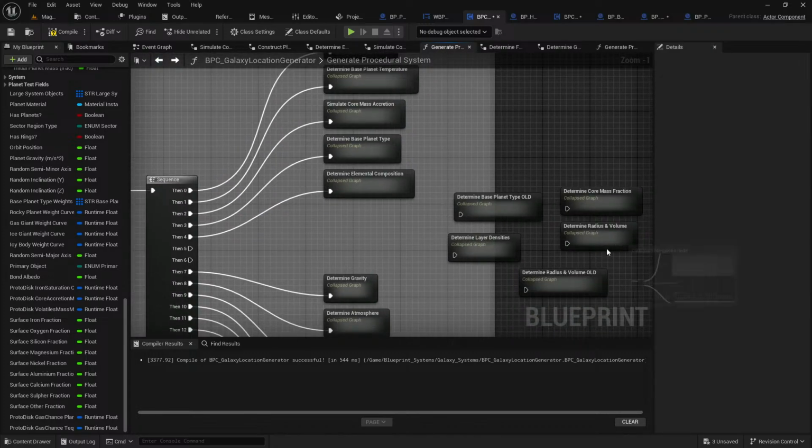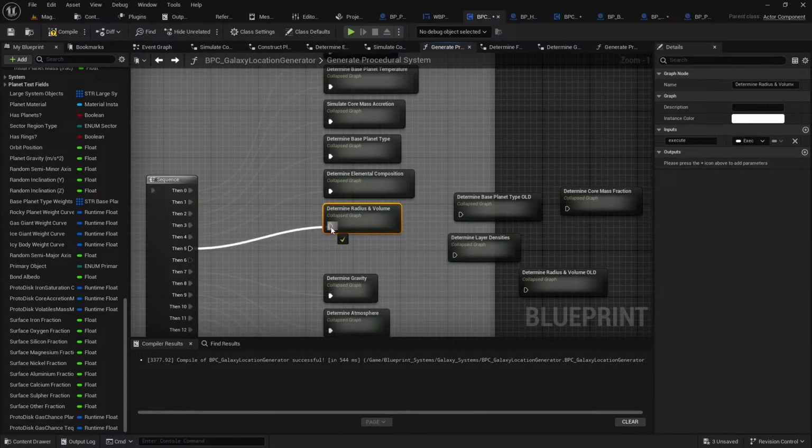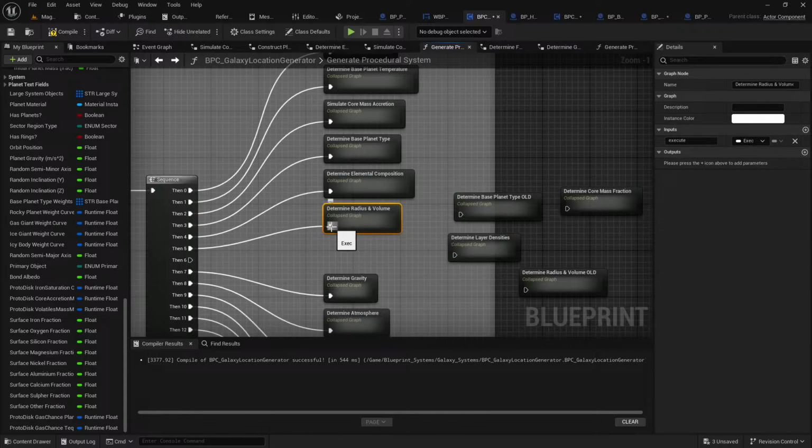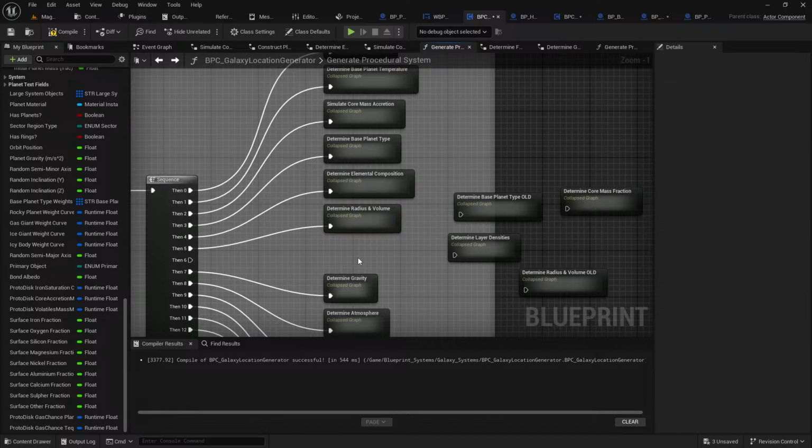Then we can use that to determine the radius and the volume, and then we can do our layer densities from that instead and work it the other way around. Because we've had this sort of chicken and egg problem all the way along, where we've got the mass, and then we can guess at the densities, and then mass over density gives you your volume, but it's getting it the right way around.